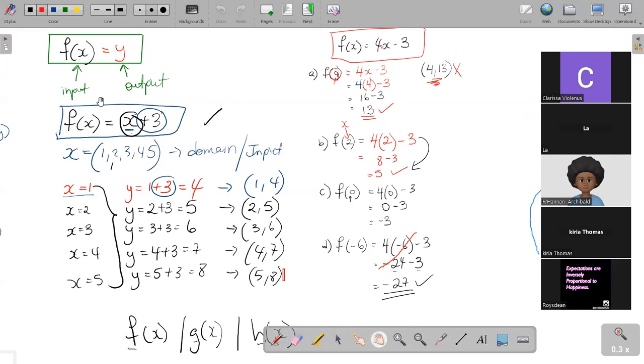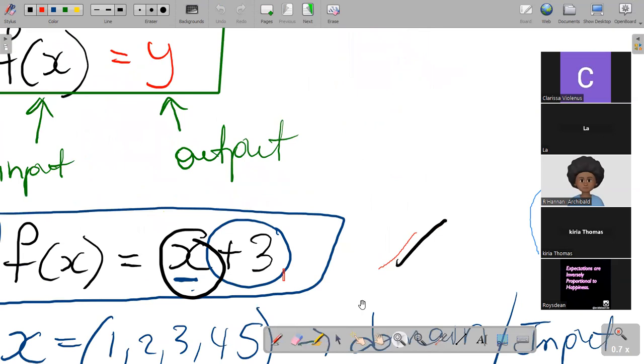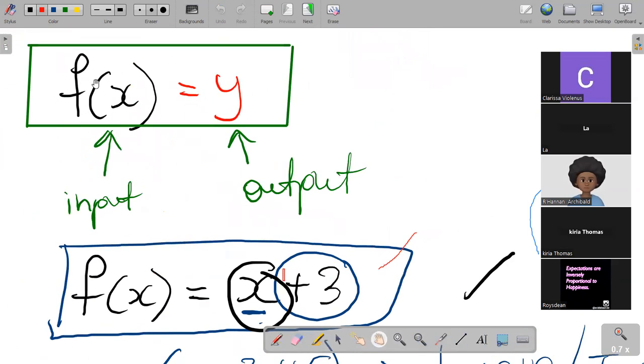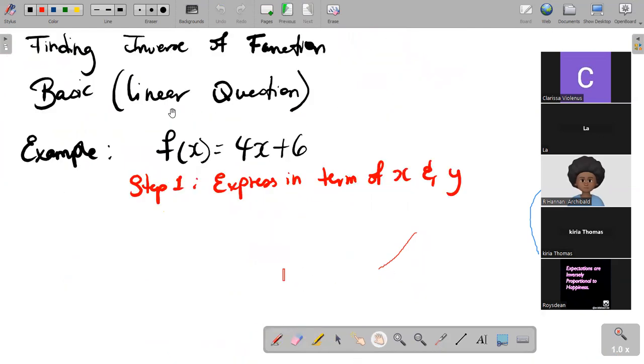When we see f of x, doesn't it mean y? Everybody see that? Isn't it true? So everywhere we see f of x, doesn't that mean y? All we're going to do is replace f of x, or express it in terms of x and y. So we're going to end up with y equals 4x plus 6.